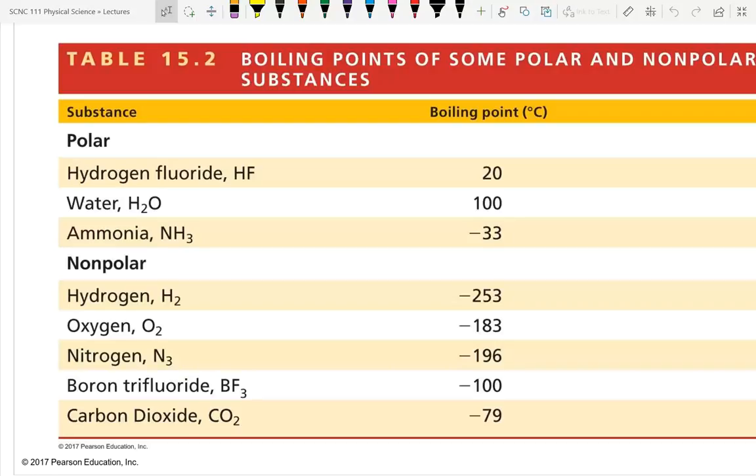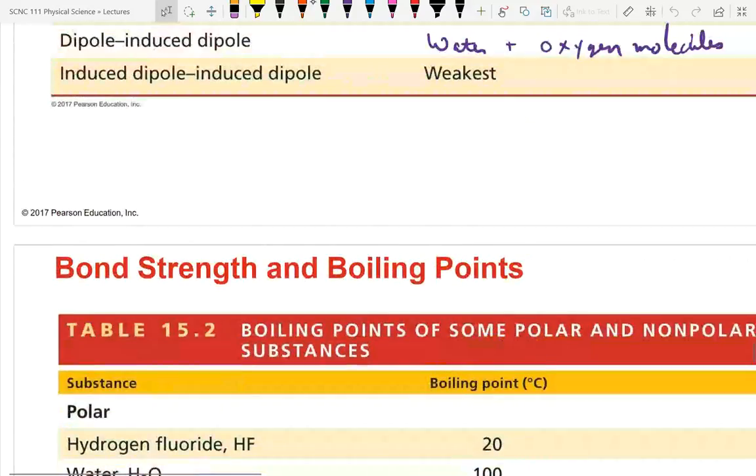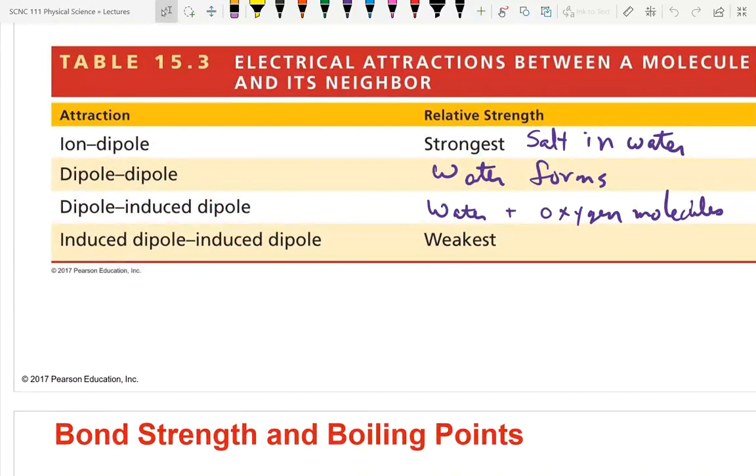Things that are going to be polar, what kind of molecular bonds are they going to form? If you have polar molecules, things that form a dipole, what kind of bond are they going to form together?